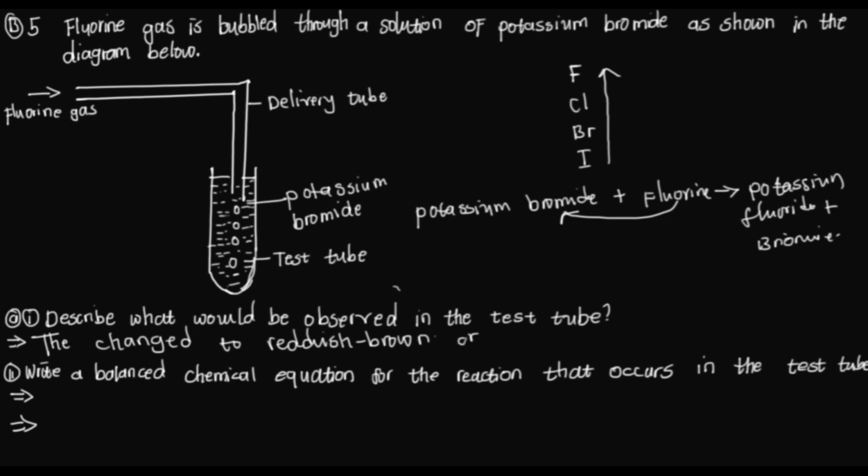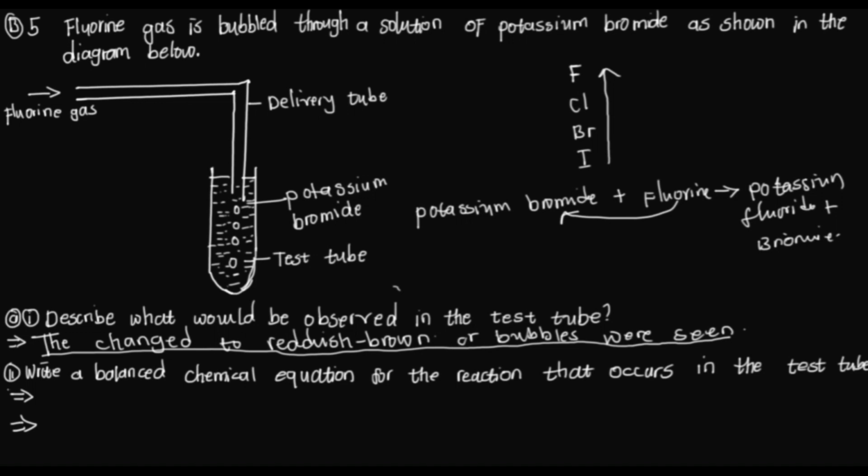Or sometimes we can say bubbles were seen. So we are expecting to have the change in terms of color. Then the second one also, sometimes you may have bubbles, unless it is at room temperature where we are expecting our bromine to be in a liquid state.